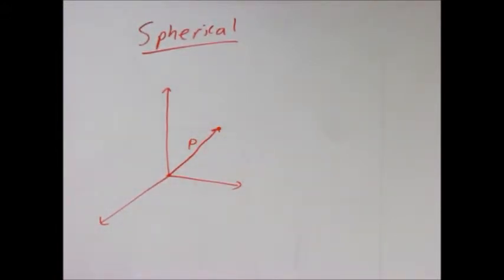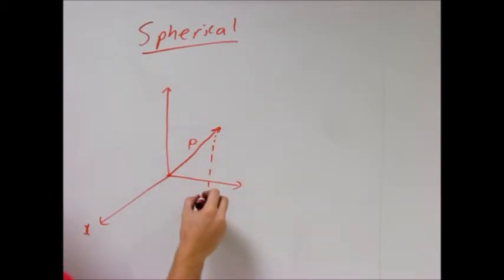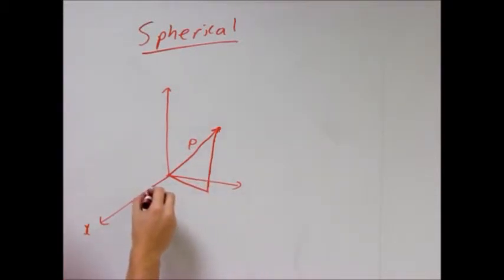We also use the zenith angle and the azimuth angle. So one of the angles is the same angle as in polar. It's from the x-axis, so imagine this little triangle here. It's this angle theta again. That's one angle.